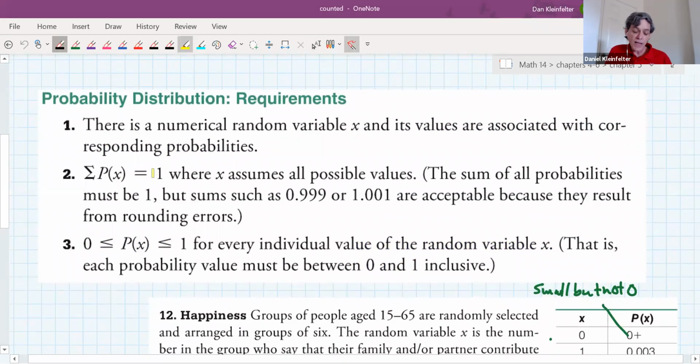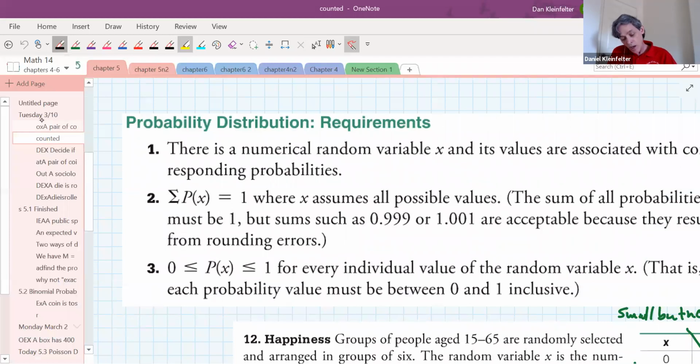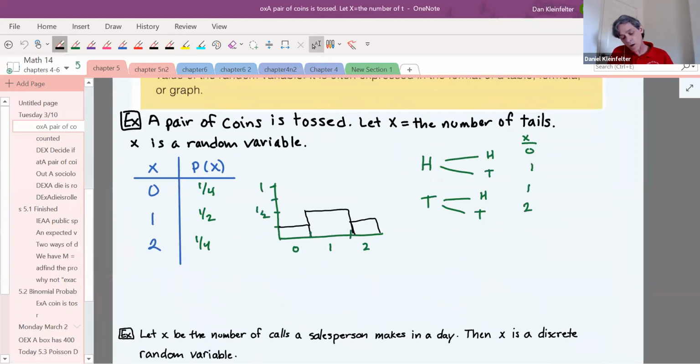The other thing is that the sum of the probabilities has to be 1. And if you think about it, the reason for that comes from our OR formula for probability. For whatever random task we're doing, something is going to happen. When we toss the 2 coins, let's go back to our coins for a second, we're going to get one of these outcomes, right? There will either be 0, 1, or 2 tails. There are no other possibilities, but you're going to get one of those for sure.